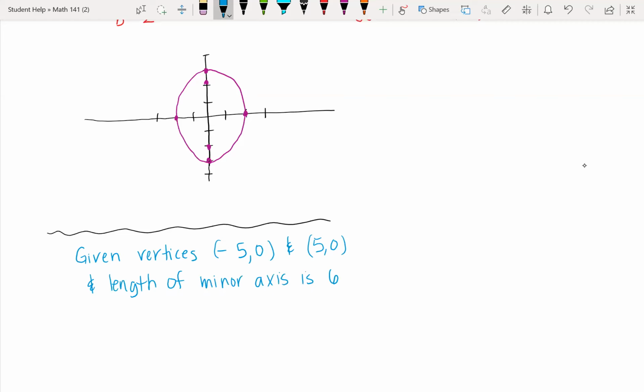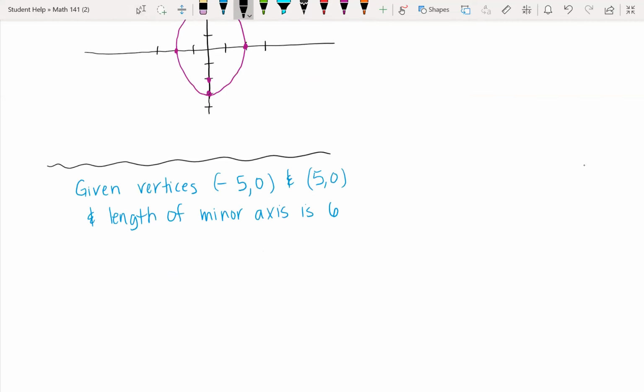So the center is going to be in between these two vertices, right? So let's put a graph together here. So I've got one vertex here, and I've got one vertex here.